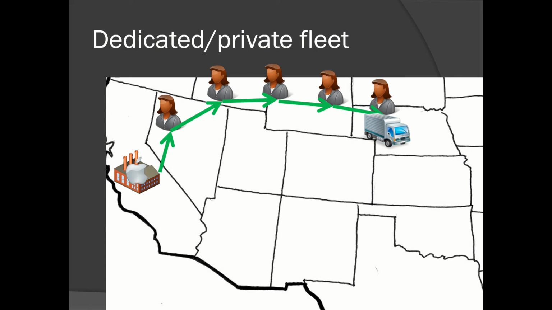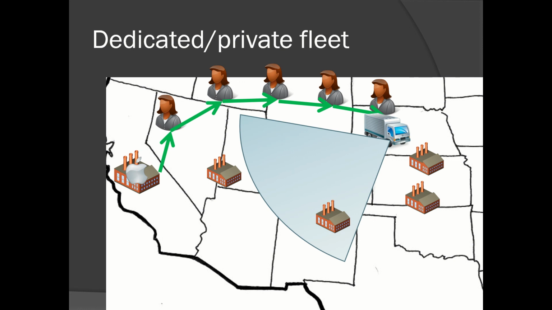But on the other hand, another way of looking at this is you have a truck. Goodness gracious, is that South Dakota? Or I think nope, that's Nebraska. That's embarrassing. So you've got a truck sitting in Nebraska, right, that needs to get back to California. So wouldn't it be awesome if, looking at your supply base, there was a supplier that was kind of on your way home, right?